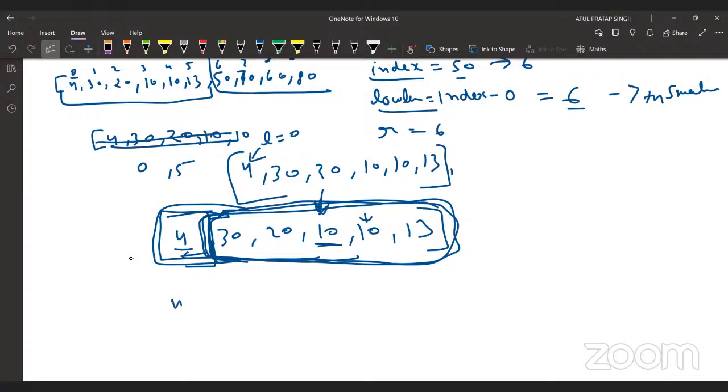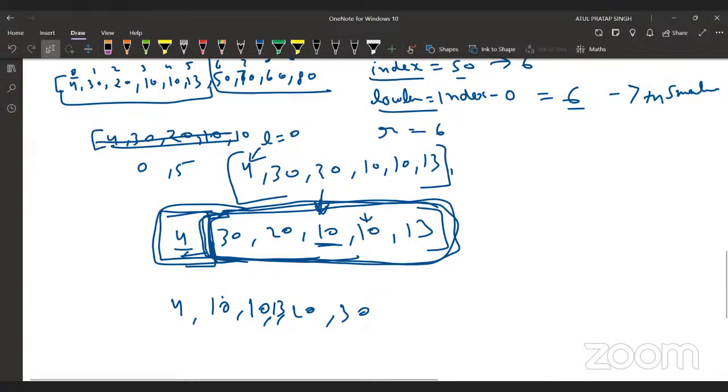After sorting, this 4 will also come in this list, so the list becomes 10, 10, 20, 30, sorry, 10, 10, 30, 20, 30. So after sorting, this 10 cannot be the fourth smallest element.